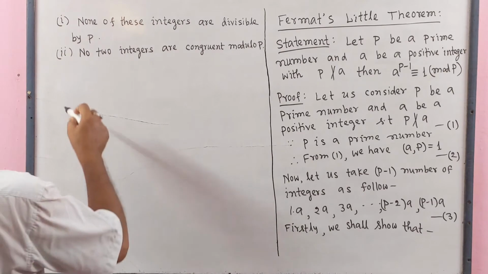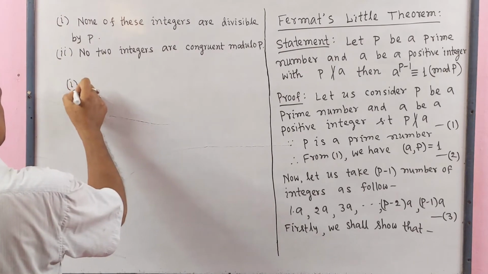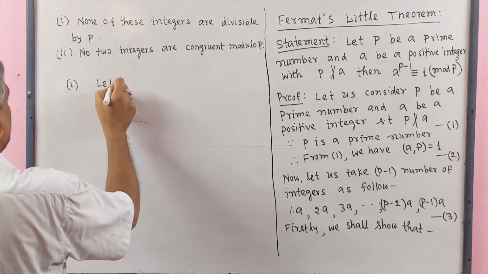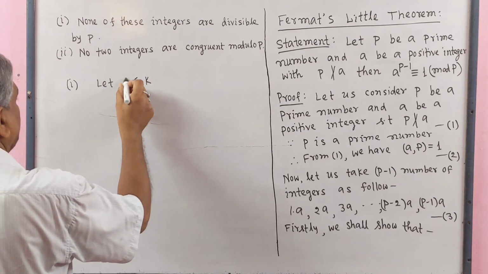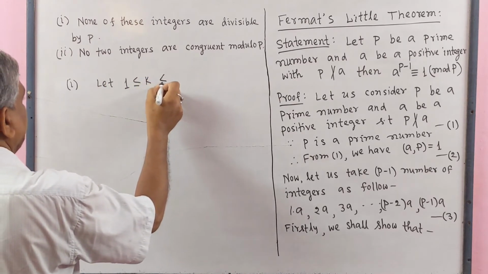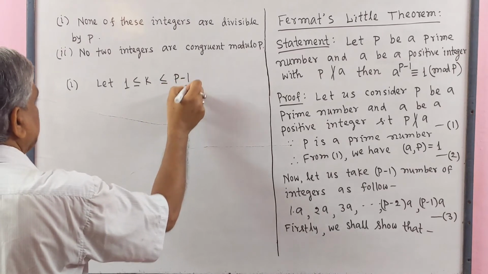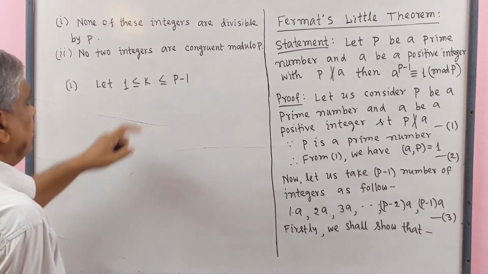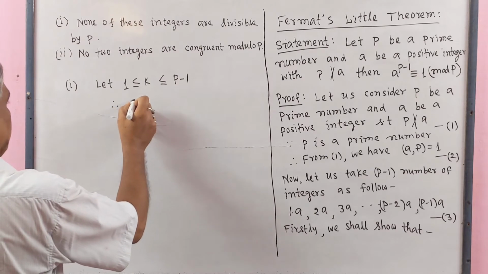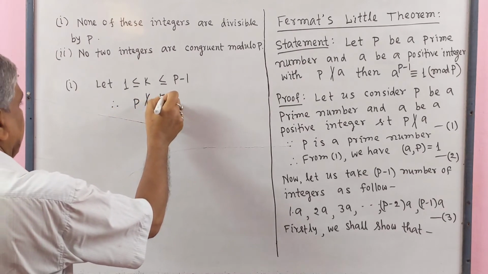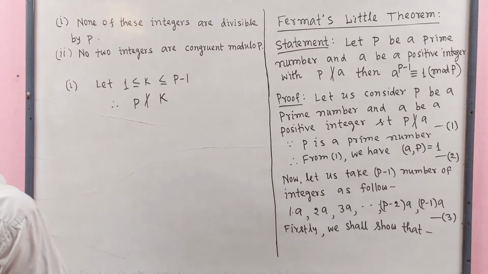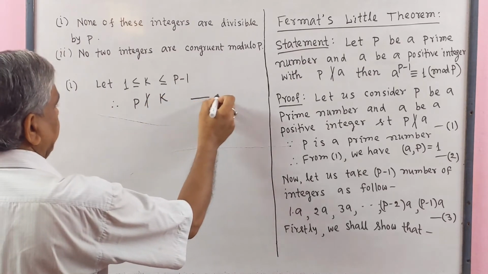Number 1. Let K is greater than equal to 1, less than equal to P minus 1. Therefore, P does not divide K. This is number 4.